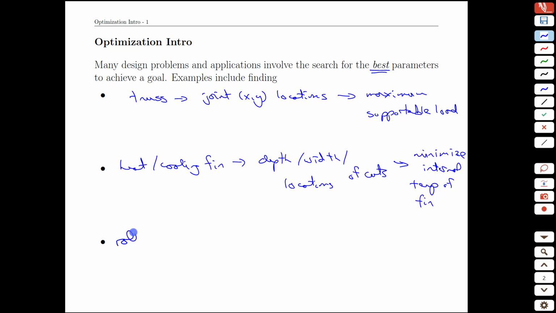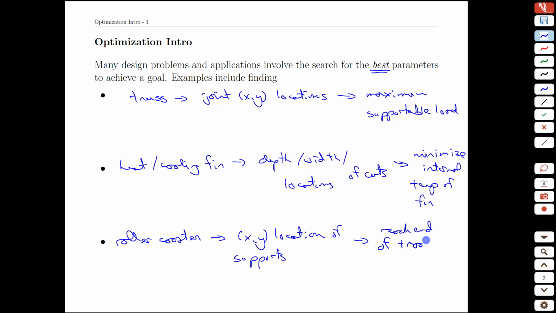Last but not least, if we're looking at the roller coaster, then what we could move there are the XY locations of the supports. And if we do that, we might be able to achieve some goal, like reach the end of the track in the minimum time, in the shortest time.